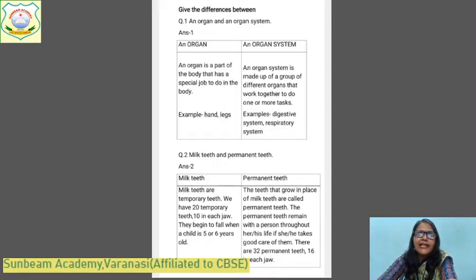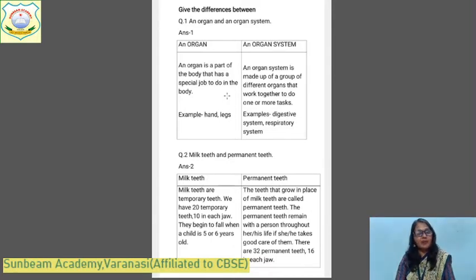What is an organ? An organ is a part of the body that has a special job to do in the body. Give me an example of some organ. Hand, legs, they are organs. And what is an organ system? An organ system is made up of a group of different organs. When different organs join together and do a specific task, they are called an organ system.